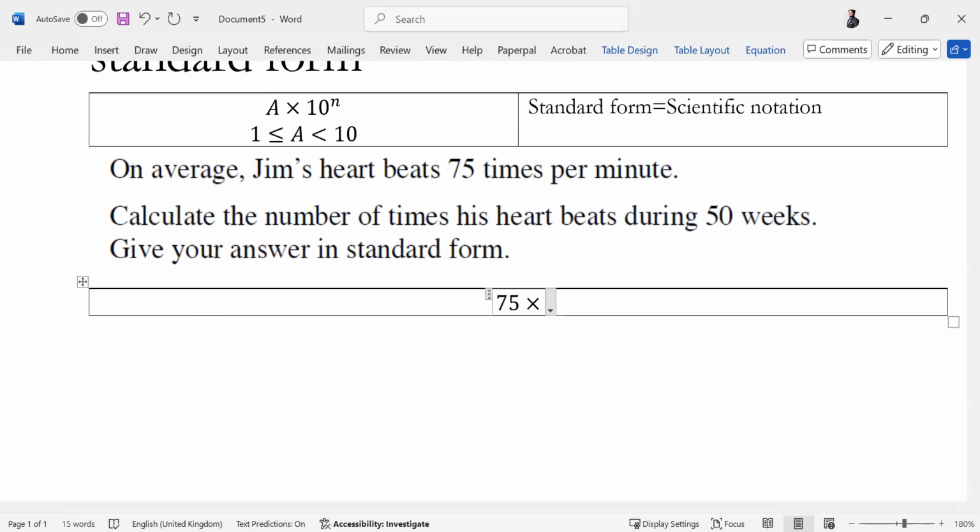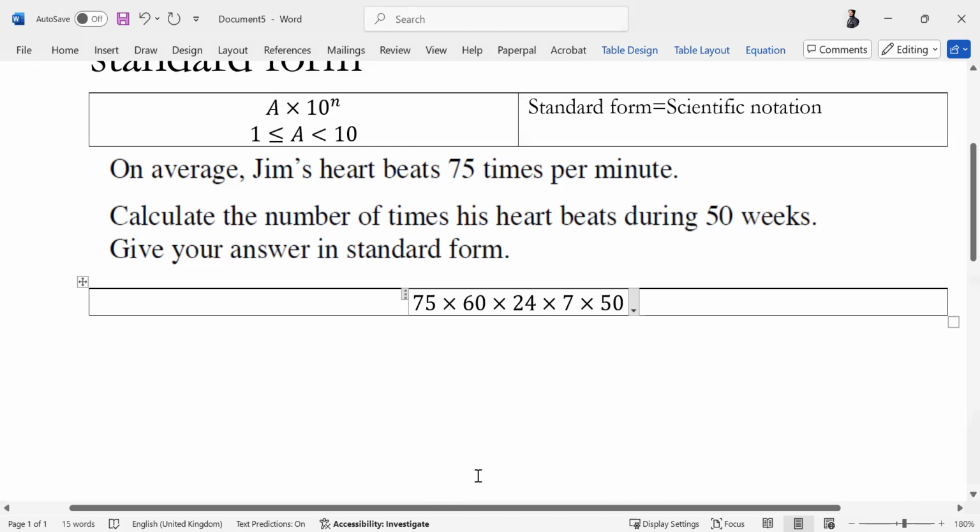When I multiply it by 60 minutes, I get an hour. When I multiply that hour by 24, I get a day. And then I multiply it by 7, I get a week. And then I multiply that by 50, so I get the answer in 50 weeks.